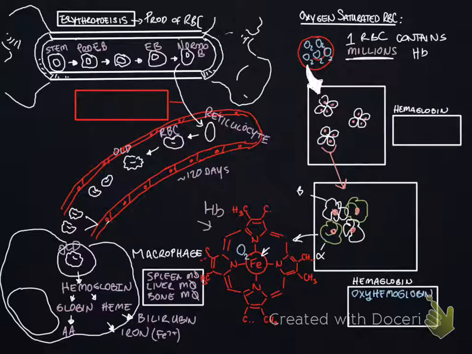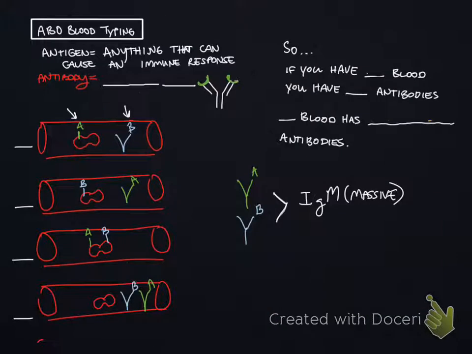When oxygen detaches from that iron in the heme group, it becomes deoxyhemoglobin. Be aware of those definitions. I'm not going to ask you to know that chemical structure. It was just for understanding purposes. All right, let's keep moving on.